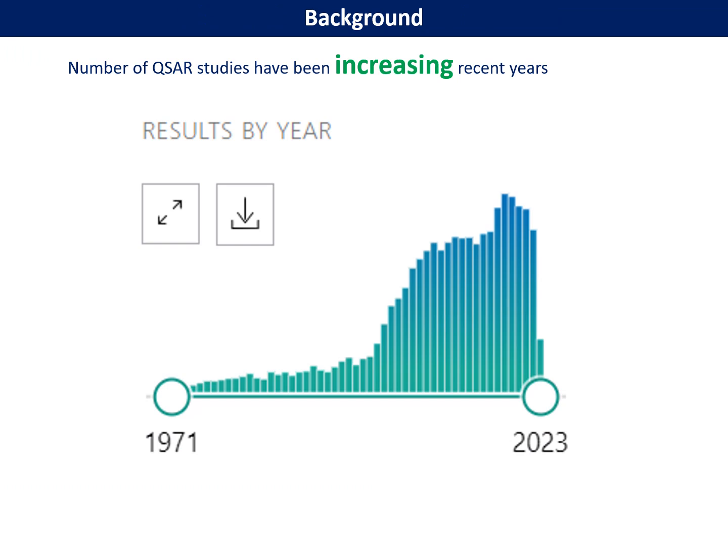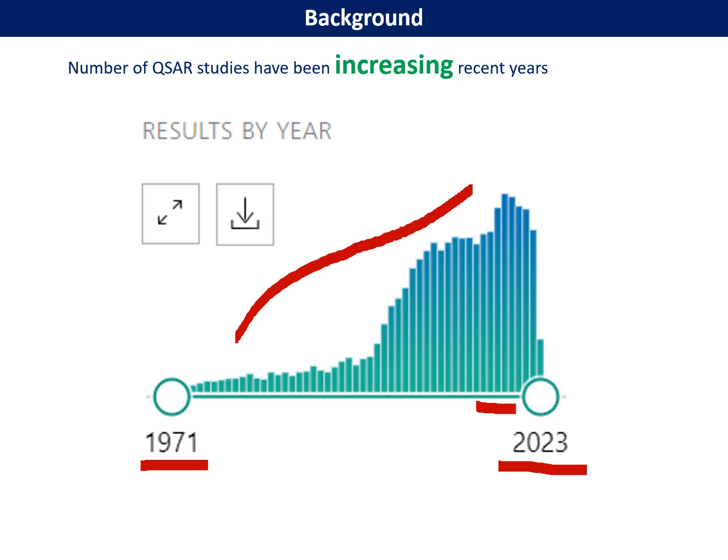This is the graph showing that the number of articles related to QSAR studies has increased in recent years. Compared with 1971, when there were only a few papers, around 2023 the number of papers increased significantly, especially during the COVID-19 period, when people stayed at home because of the isolation rules.